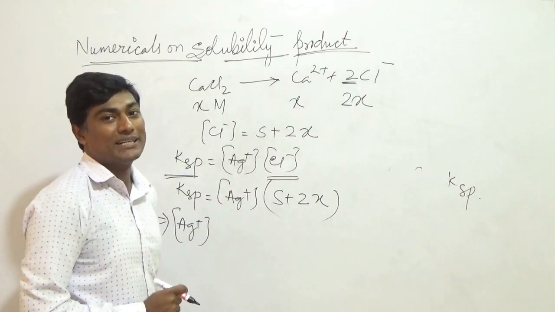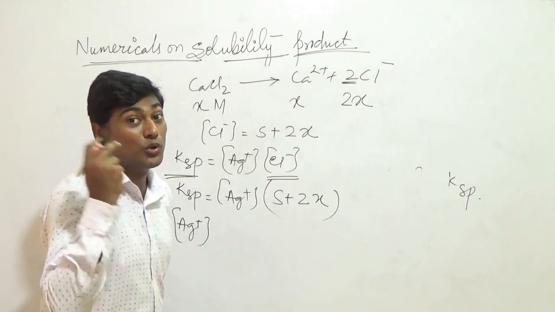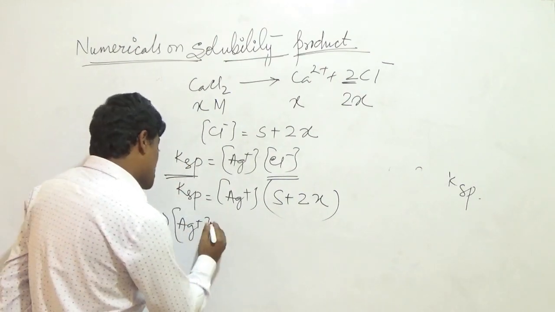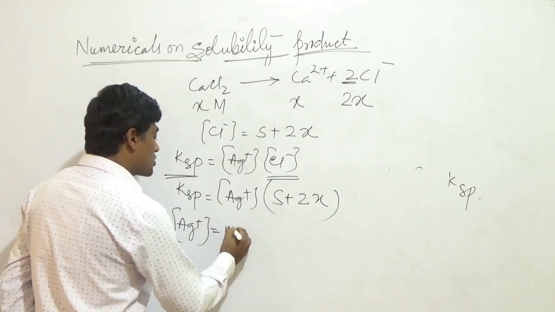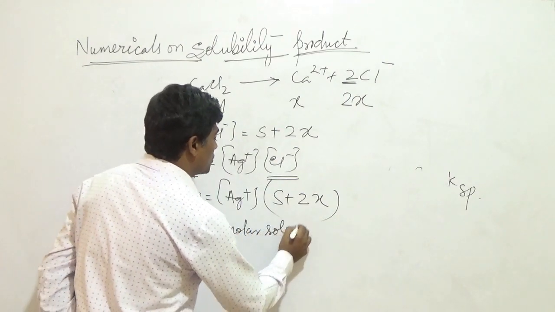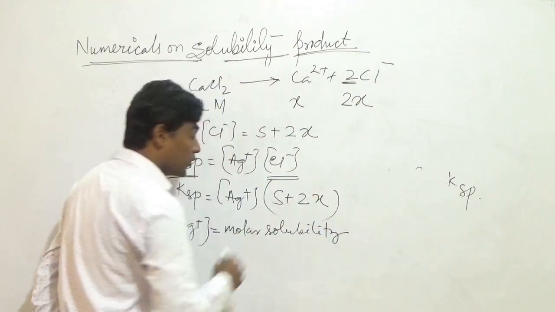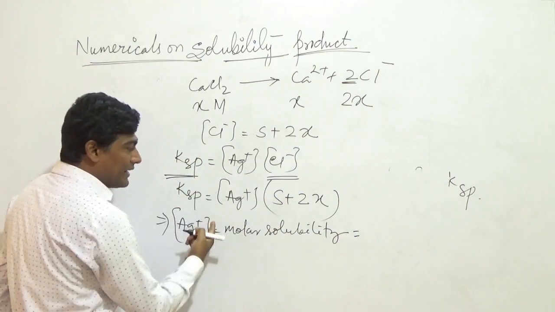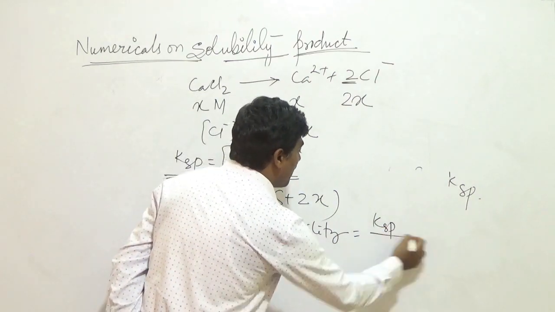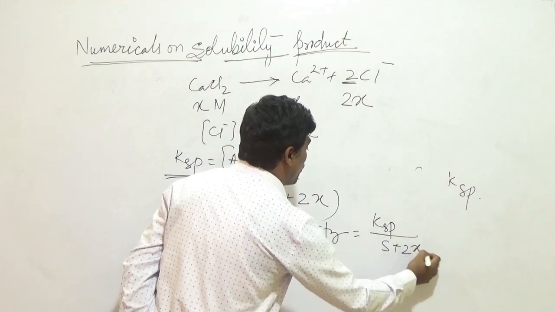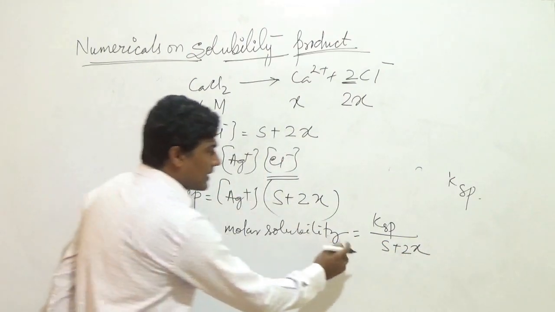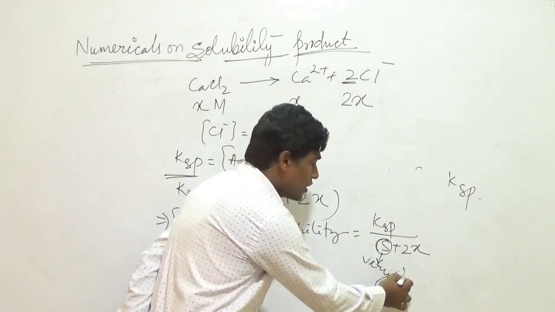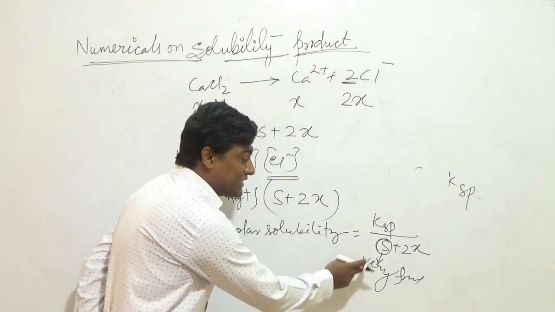This is the important thing to be noticed. The Ag+ ion concentration, which is equal to the molar solubility, is equal to Ksp by S plus 2X. And as you know, this S is very small, so it can be neglected.